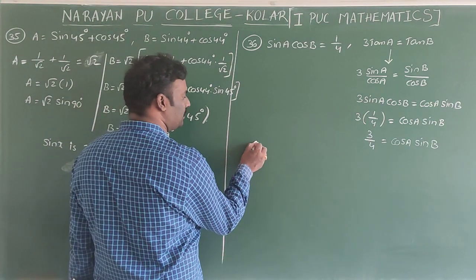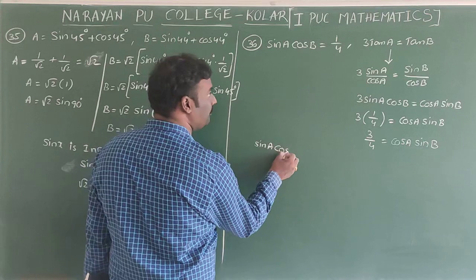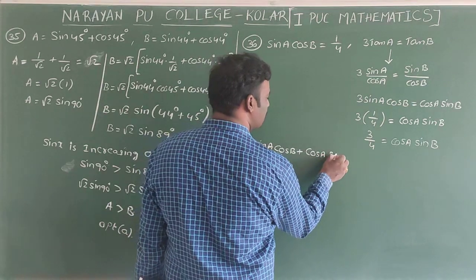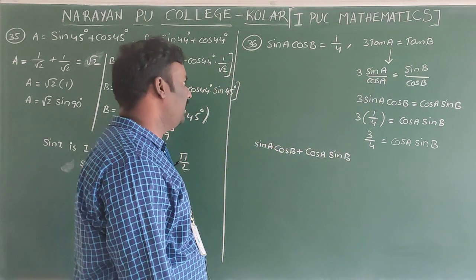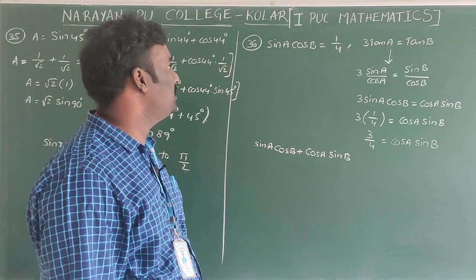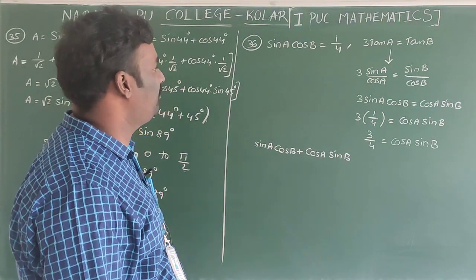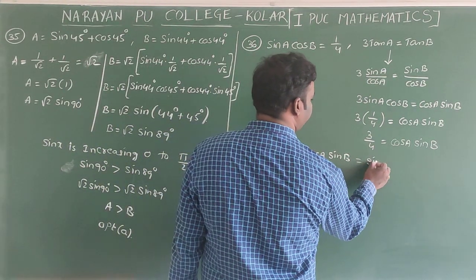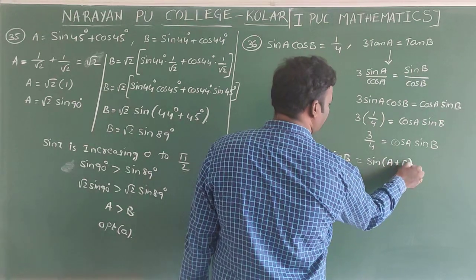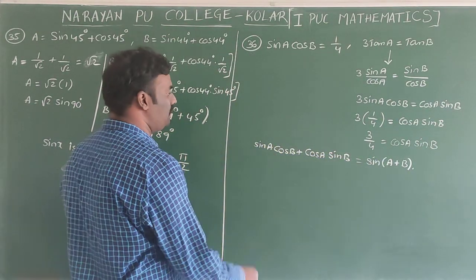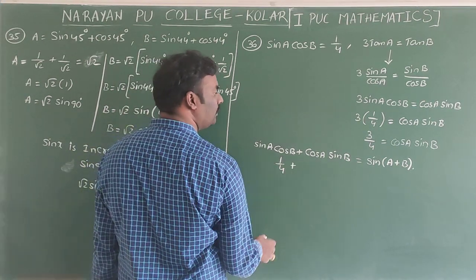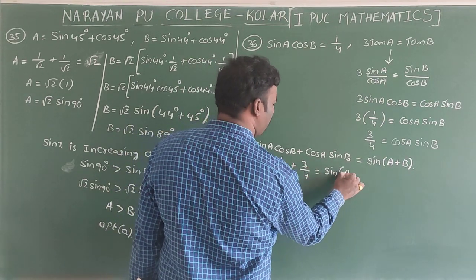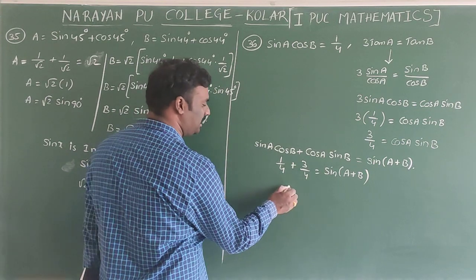I am adding that: sin A cos B plus cos A sin B. If you add, you will get sin of A plus B. Sin A cos B value is 1 by 4, cos A sin B value is 3 by 4, so sin of A plus B is 1 by 4 plus 3 by 4, that is 4 by 4, that is nothing but 1.